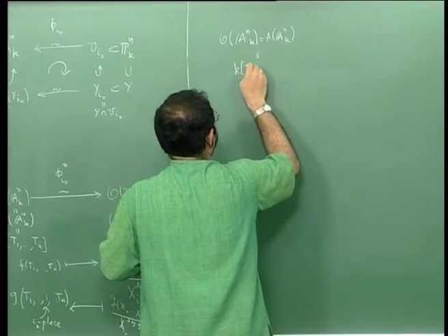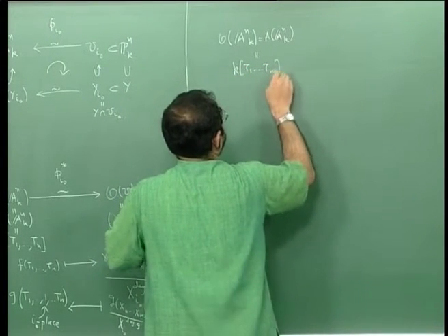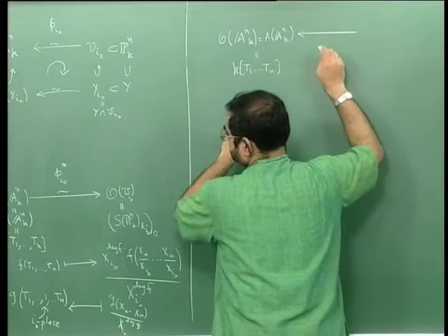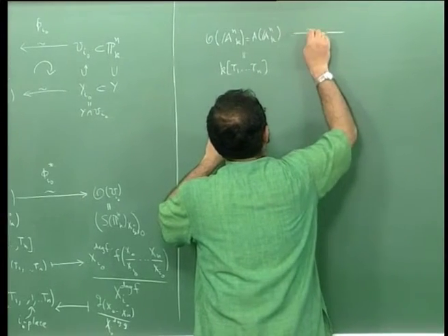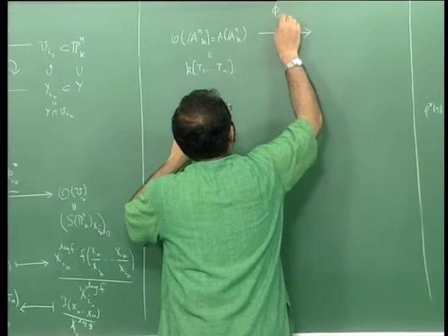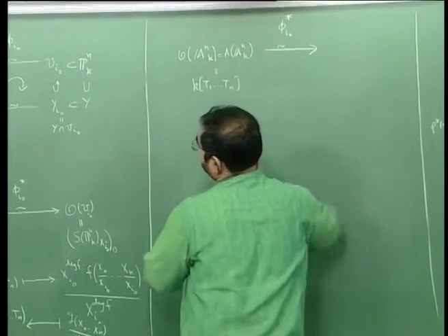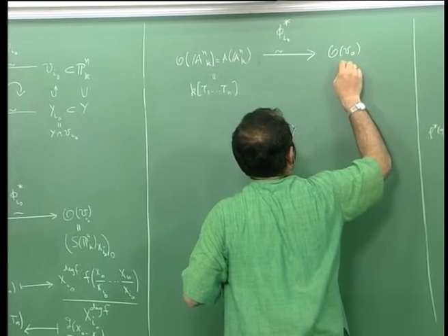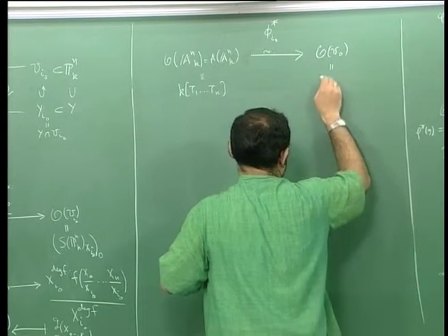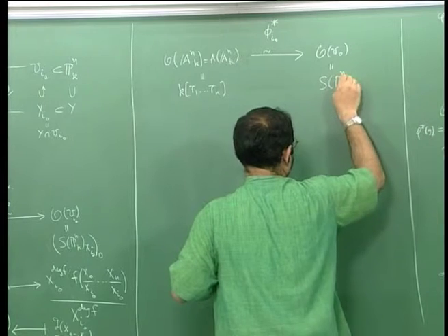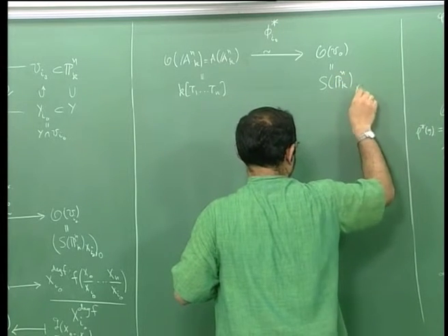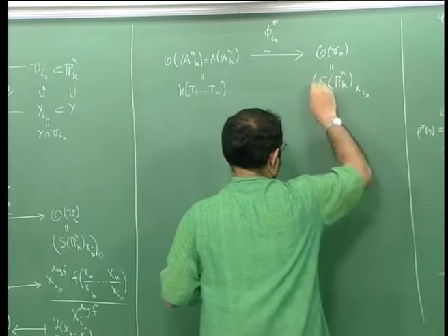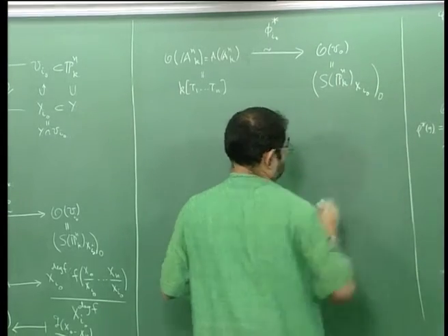which is k[t1, ..., tn], and I have this phi_i0 star to O of U_0, which is S of Pn localized at x_i0, take the degree 0 part, this is what it is.